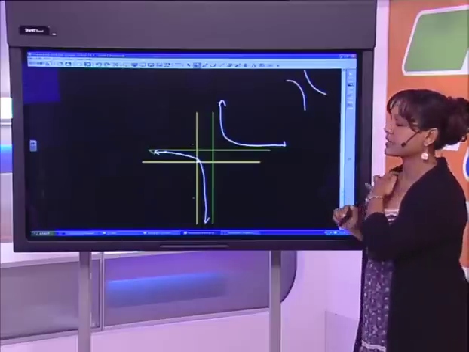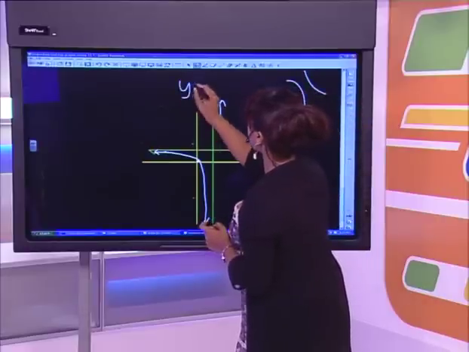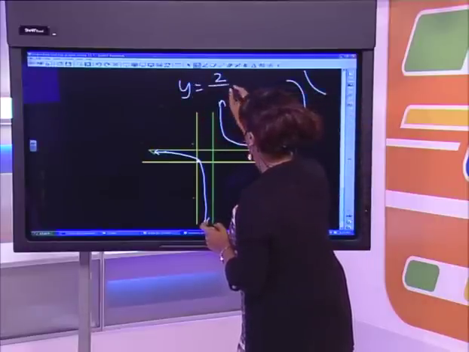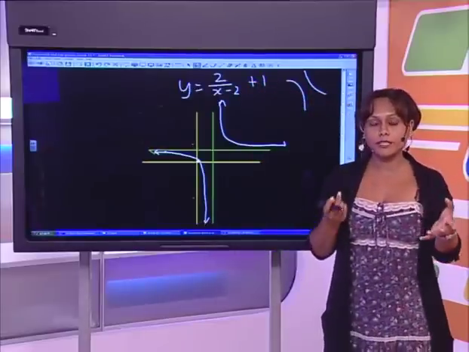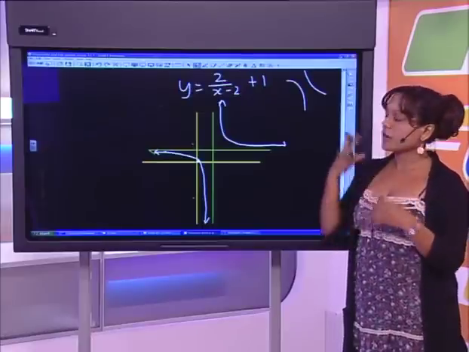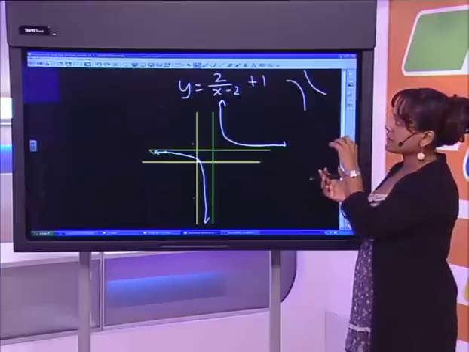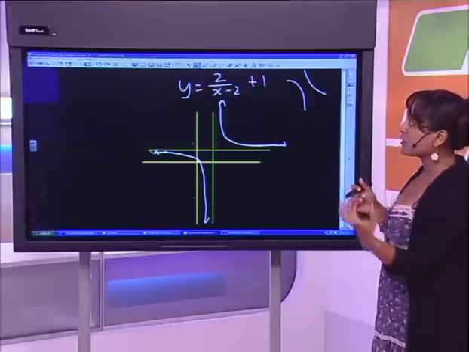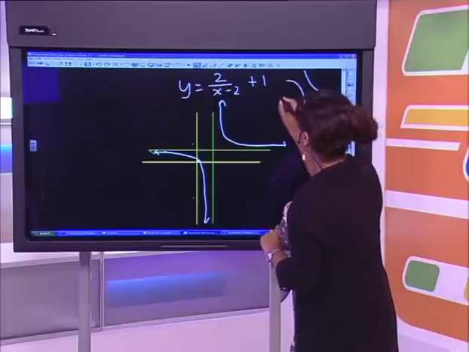So remember, our equation was y is equal to 2 over x minus 2, plus 1. If I wanted to show a point on the graph, and if you were paying attention during Jacques' lesson on functions, you will know how to find a function value. All you've got to do is put an input into the x value and see what you get out for the y value. Let's say x is equal to 3.